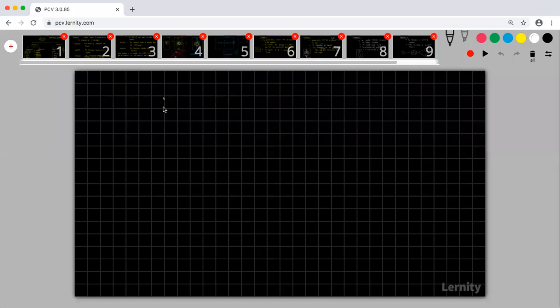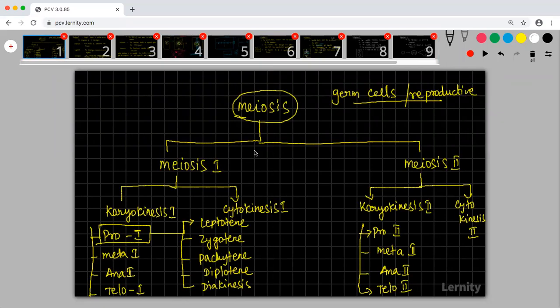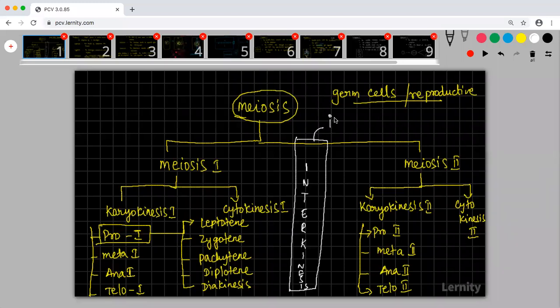So there is a phase called interkinesis. After this meiosis 1 is completely over, before the meiosis 2 starts, there is a small time period which is called interkinesis.